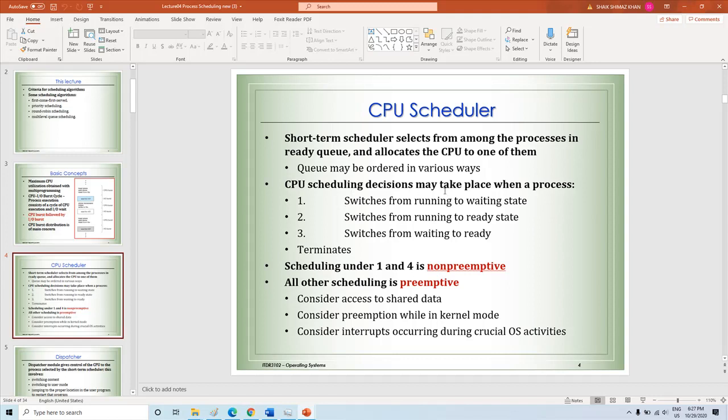The short term scheduler can be classified into preemptive and non-preemptive. Non-preemptive CPU scheduling algorithms would hold the CPU for their full burst time until they get terminated or they go to the waiting queue to perform the input output operation.